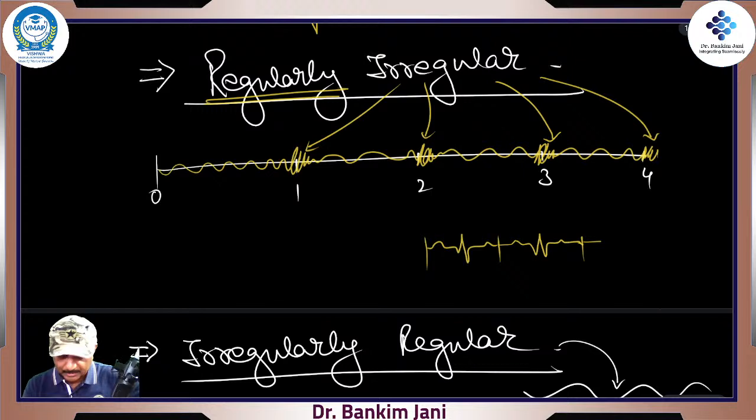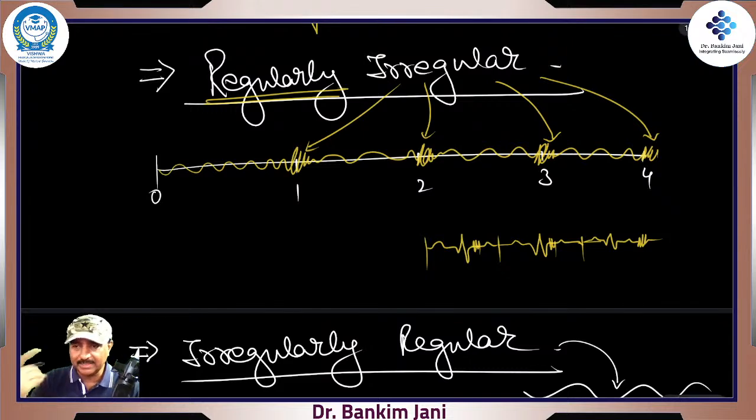In between, if you find that at every specific interval there is a change in this wave, there is some extra wave, some extra wave, some extra wave, so they are coming at a regular interval, right? So regularly irregular, right? At a regular interval, at a definite interval, abnormalities are coming up.